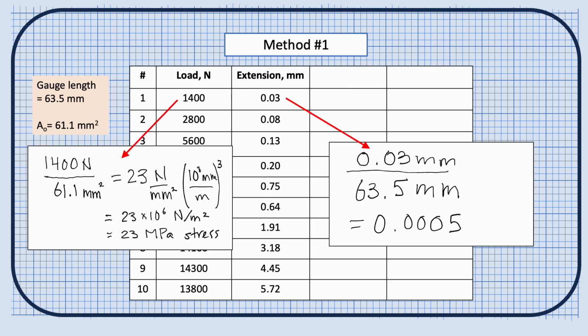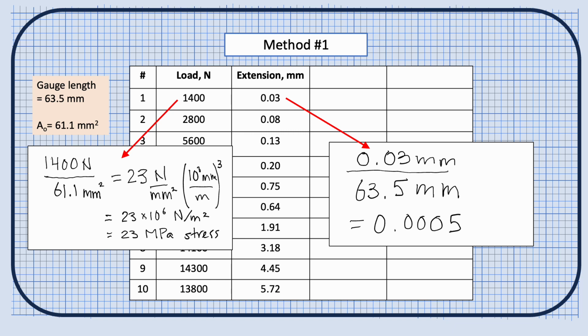So here's an example. I've got load as 1,400 newtons. I divide that by my cross-sectional area. I convert that to newtons per meter squared. That's a Pascal. And I've got 23 times 10 to the 6 pascals, or 23 megapascals.